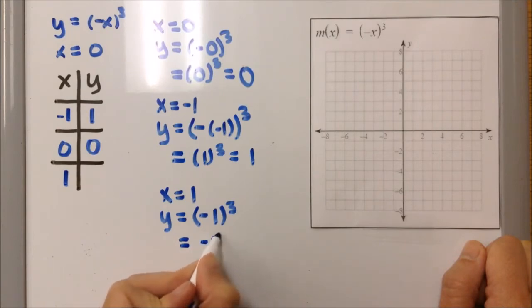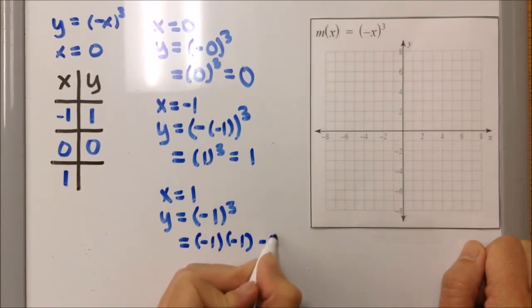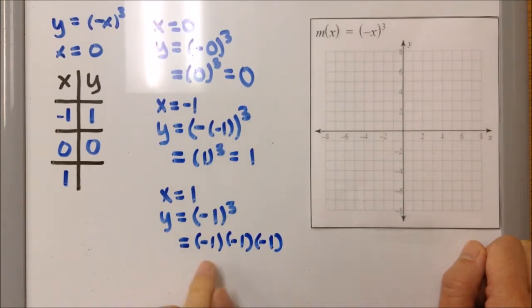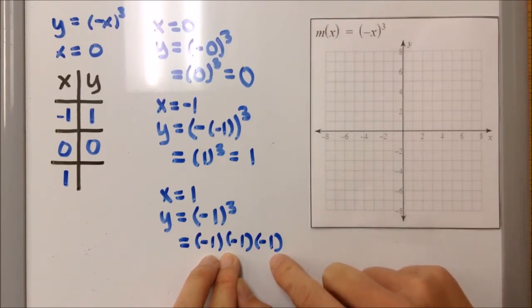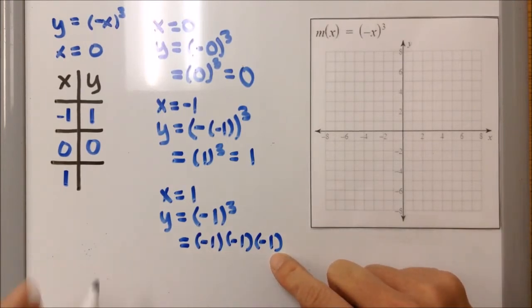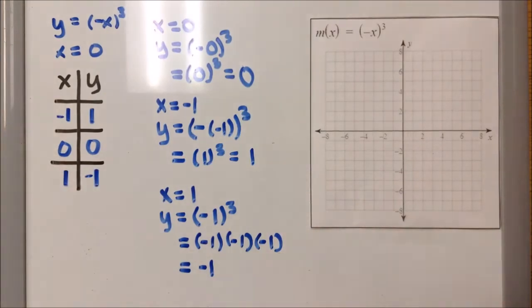So it's negative 1 times negative 1 times negative 1. So these two right here become a positive 1, but then we have to multiply by negative 1 one more time. So the final answer is negative 1 for this coordinate point.